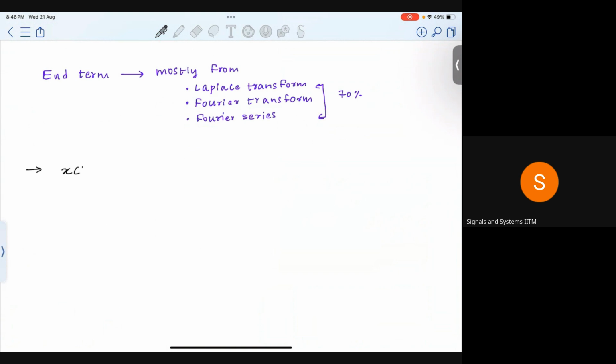Any periodic signal x of t can also be written as x of t convolved with the sum over n from minus infinity to infinity of del of t minus nT, where T is the fundamental period.